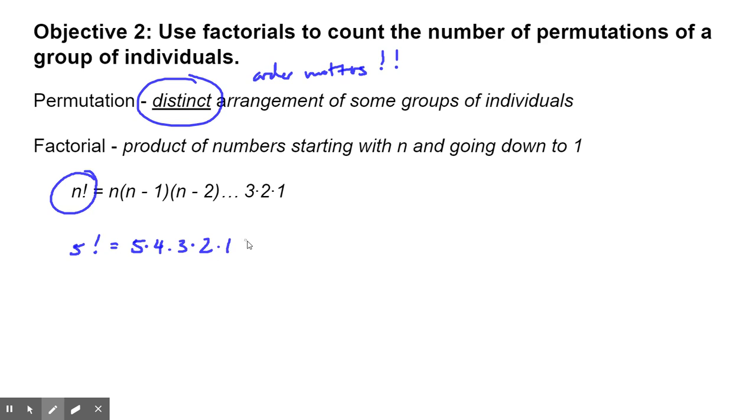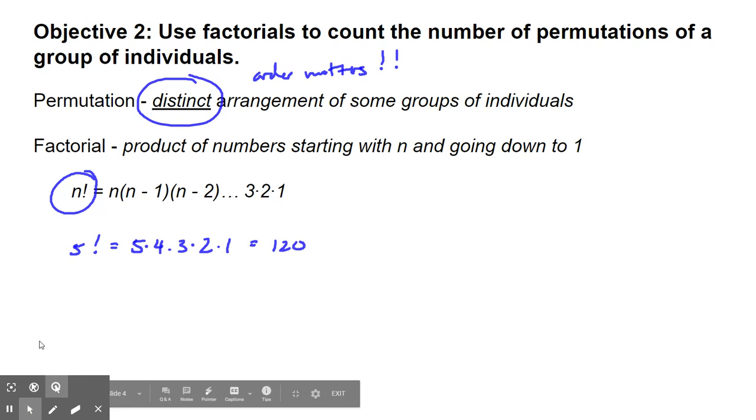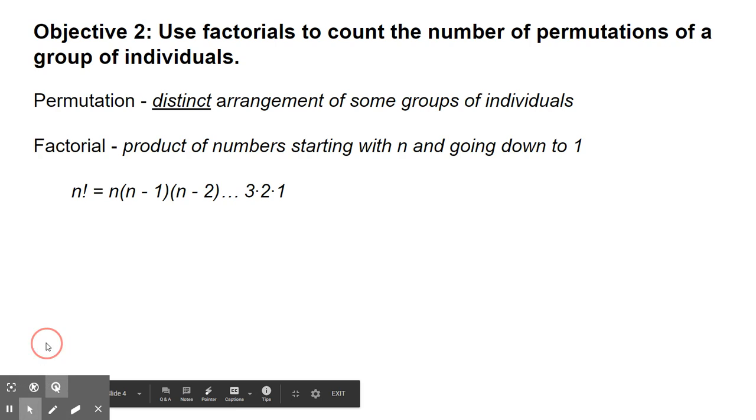This would be 5 factorial. And again, you would multiply this out, and I believe that it's around 120. I think that's what it is. Okay? All right, very good. So that's factorials. So let's see what we're doing next.